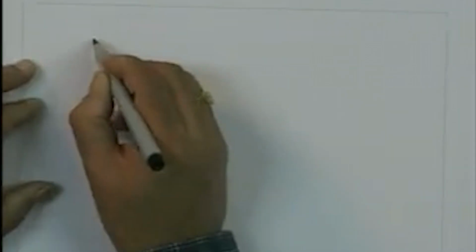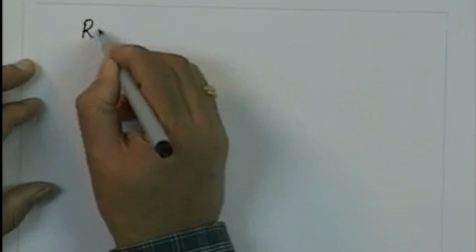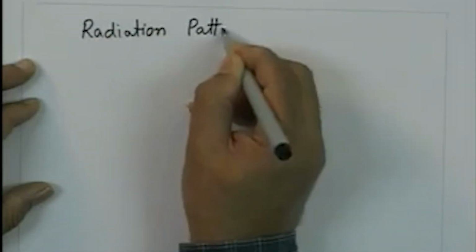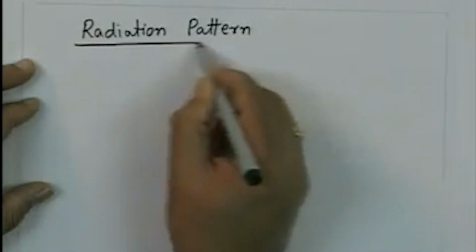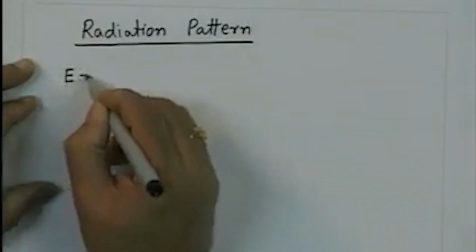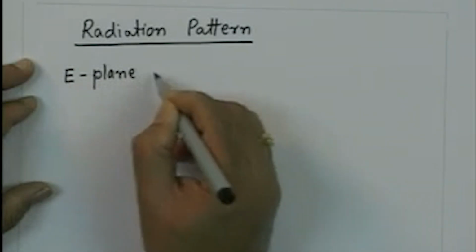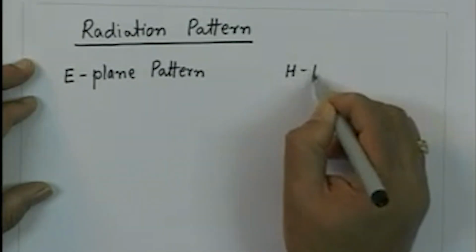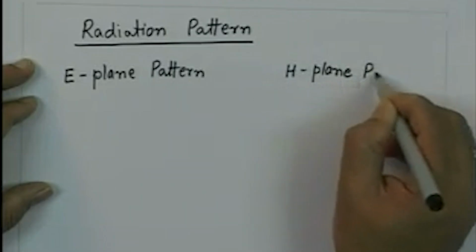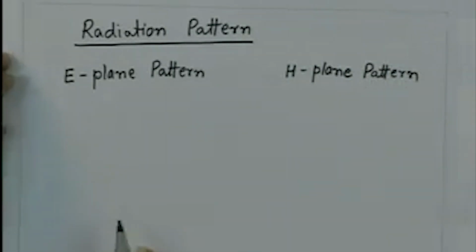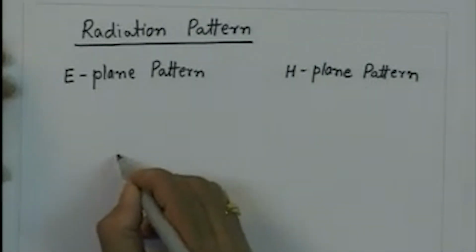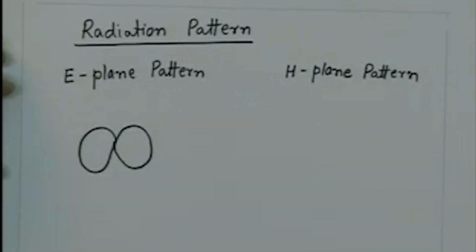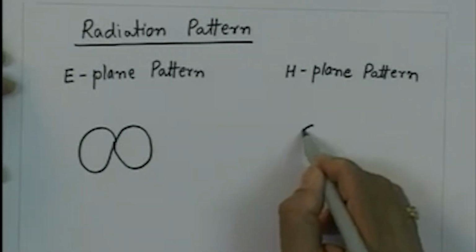So we get two radiation patterns: the E plane pattern and the H plane pattern. The E plane pattern is like a figure of 8, whereas the H plane pattern is a circle.